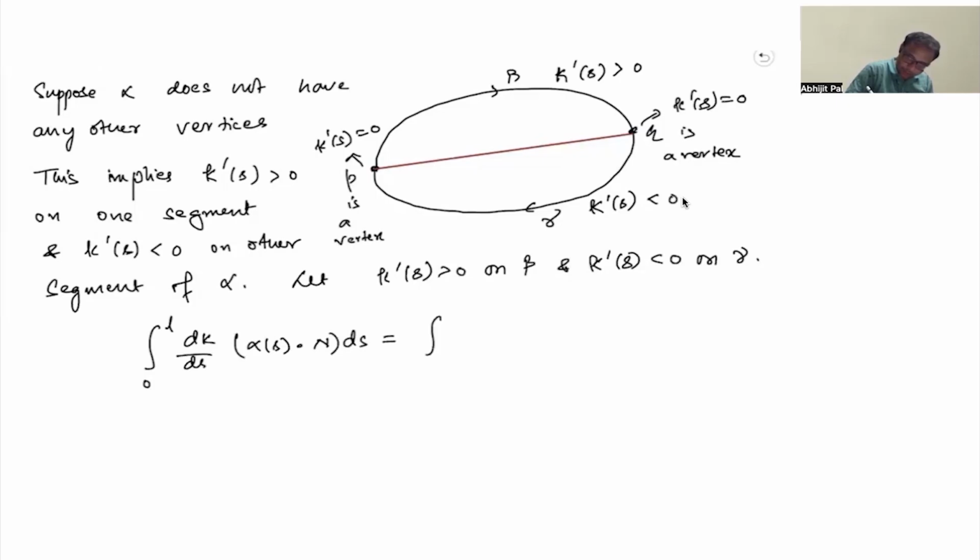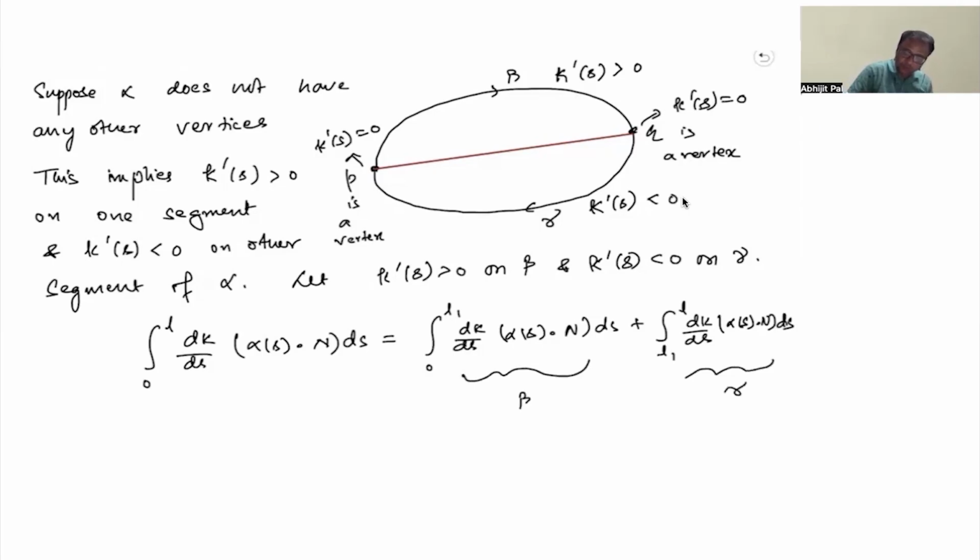This is 0 to L1 dk ds alpha s dot product with n ds plus L1 to L dk ds alpha s dot product with n ds. So this integral corresponds to your beta, and this integral corresponds to your gamma.